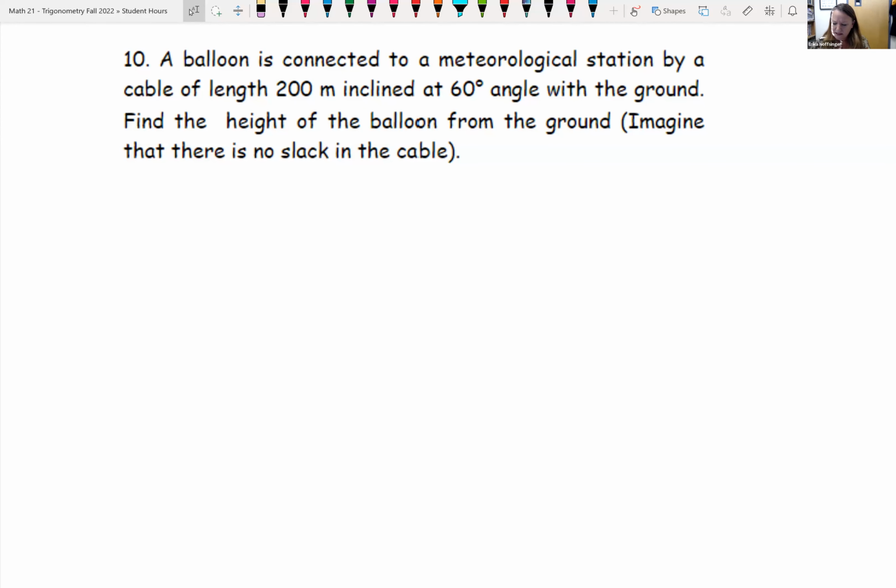Okay, so looking at this, we have a balloon connected to a meteorological station by a cable of length 200 meters inclined at a 60-degree angle with the ground. Find the height of the balloon from the ground. Imagine that there's no slack in the cable.